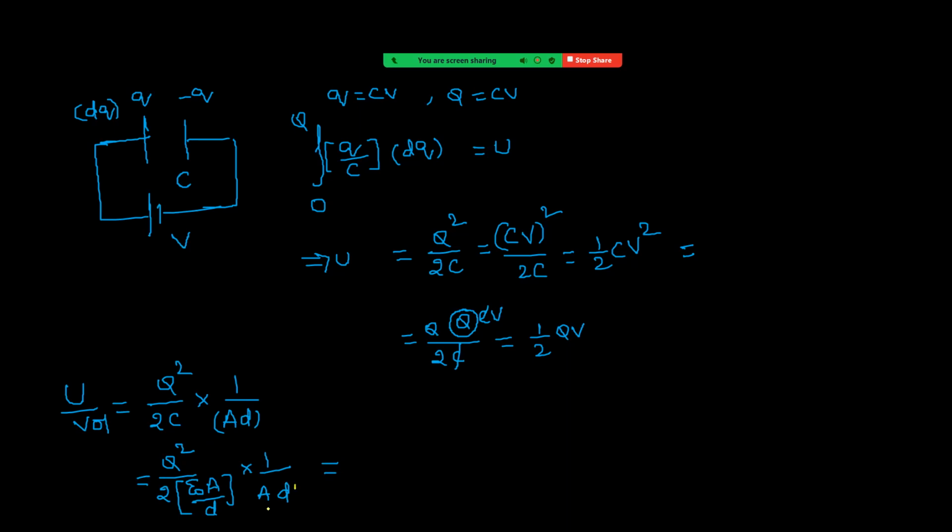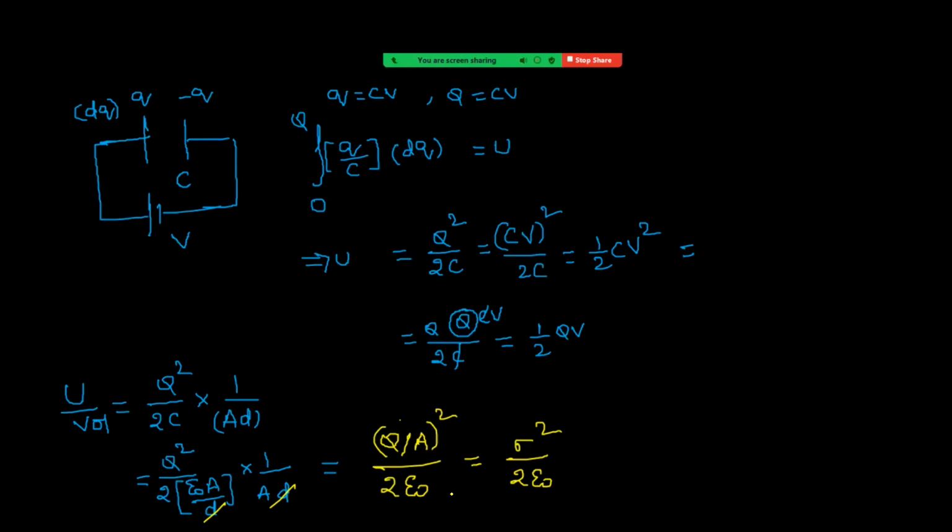So here D gets cancelled. What else? Q square, A and A square, so I can say Q by A whole square upon 2 epsilon naught, right? And remember, Q by A is nothing but sigma, so it is sigma square upon 2 epsilon naught.